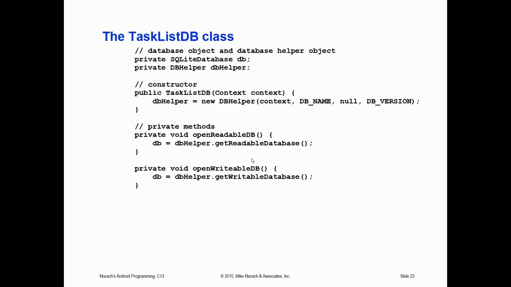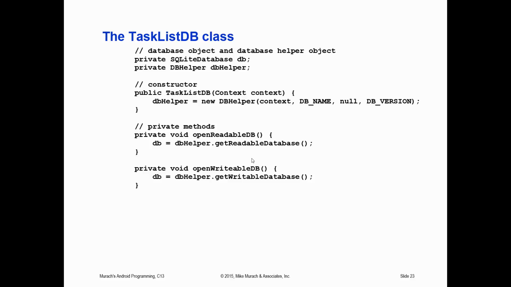So the code that you see here is Figure 13-8 on pages 414 and 415. This code shows how to code the private methods that make it fairly easy to open and close database connections. These private methods, as you'll see in just a bit, are used by the public methods that are going to be looked at next.